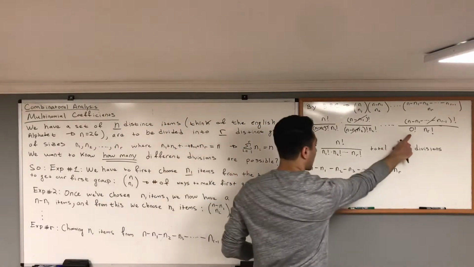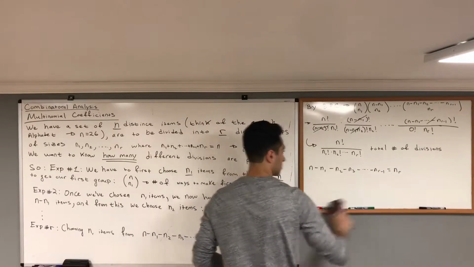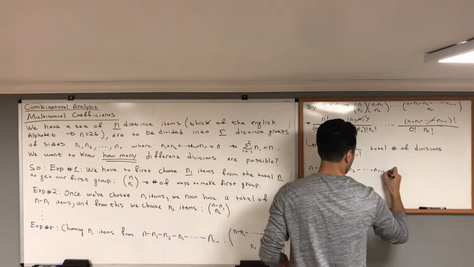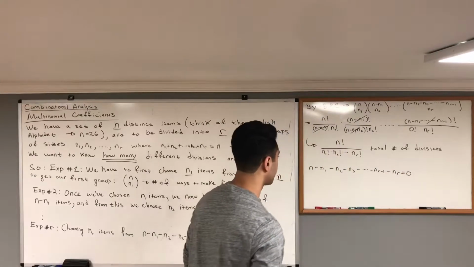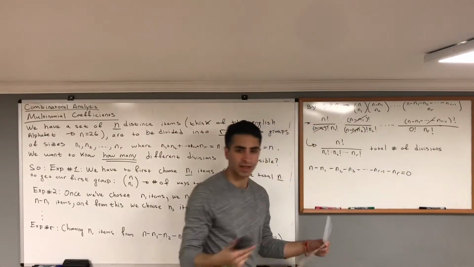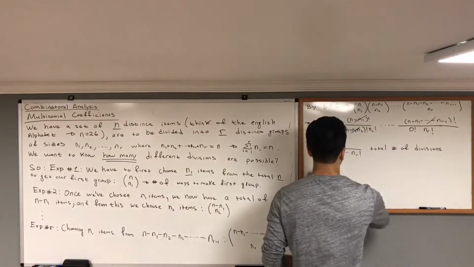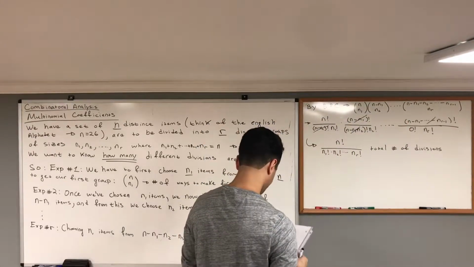But in this problem, I have to subtract the nr as well, so I have to subtract that off from n. I'm left with 0. And that's where the 0 came from. And then you have the factorial, because that's in the definition of a combination, or the binomial coefficient definition. And that's it.